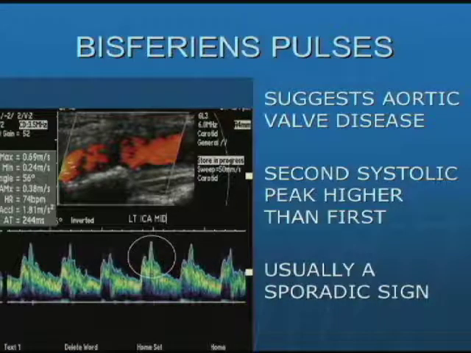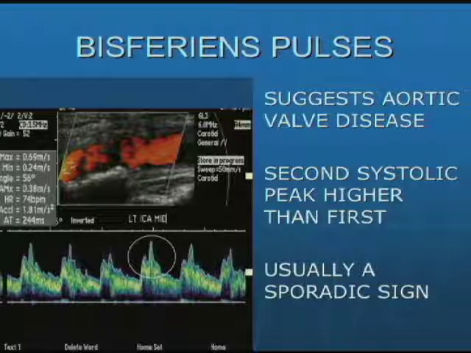Bisferiens pulses, in this case, there is a second systolic peak that is higher than the first systolic peak. It's usually a sporadic sign. It doesn't occur in every image, but it also suggests aortic valve disease.